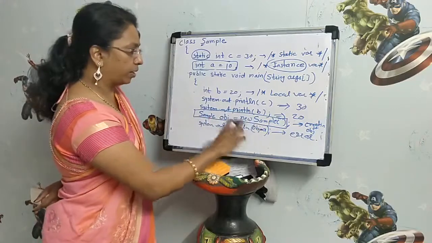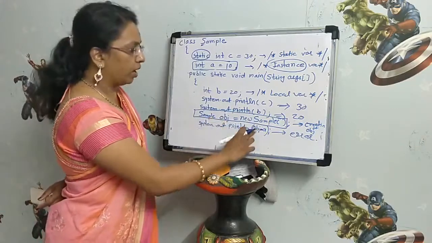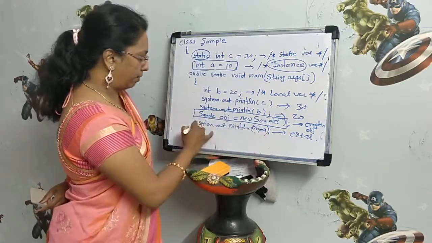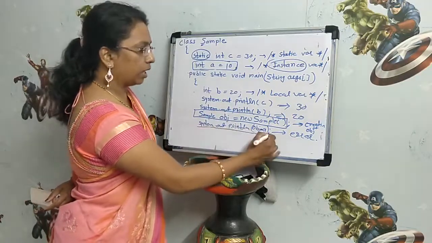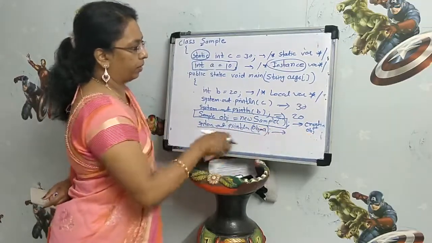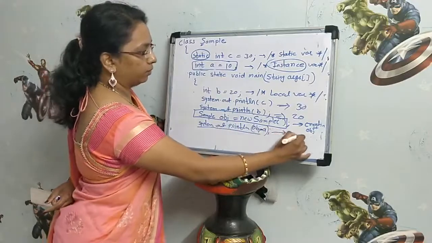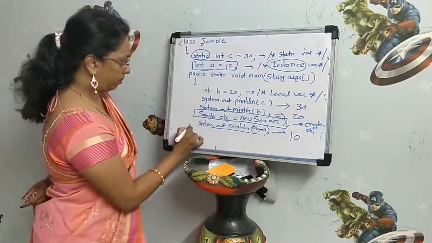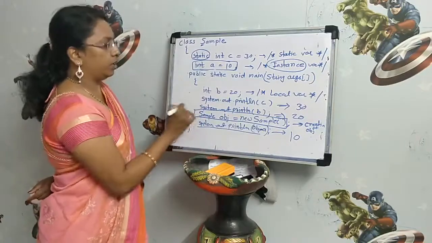Here I have created the object, obj is the object name, object dot variable name. When I print like this, it is going to give the value 10. Okay, complete this block. So here is the difference.